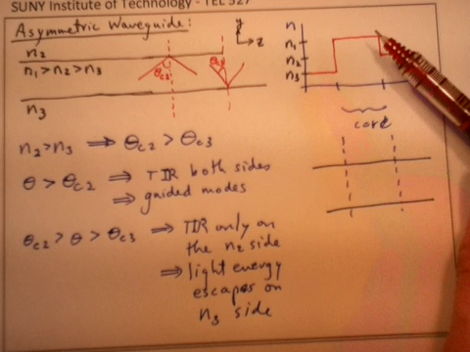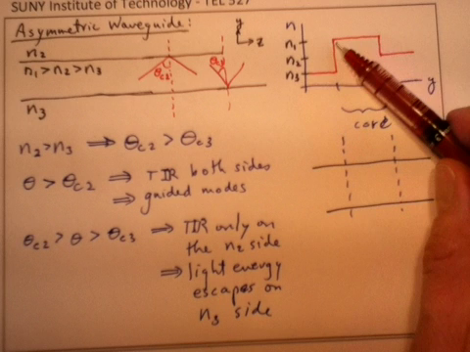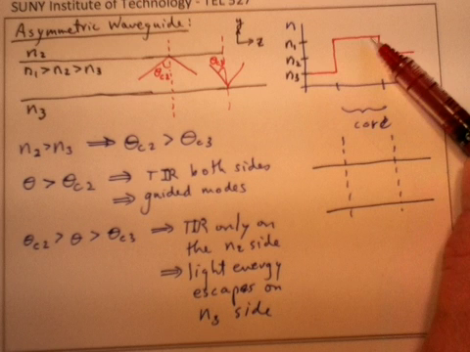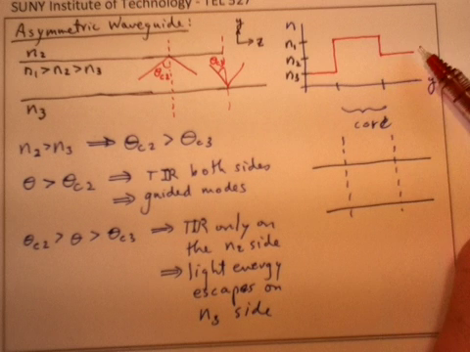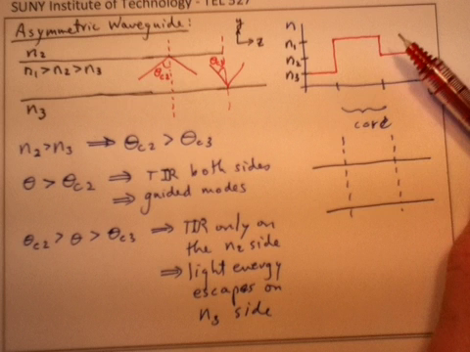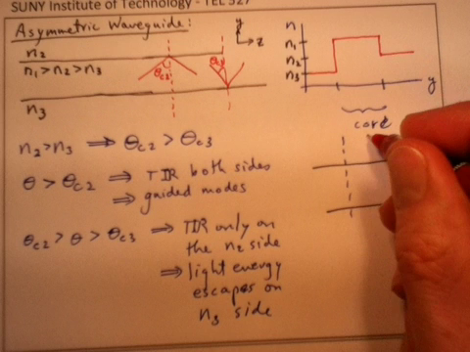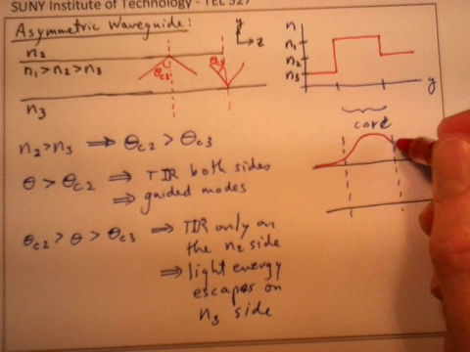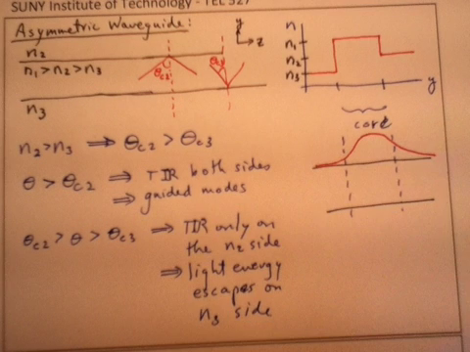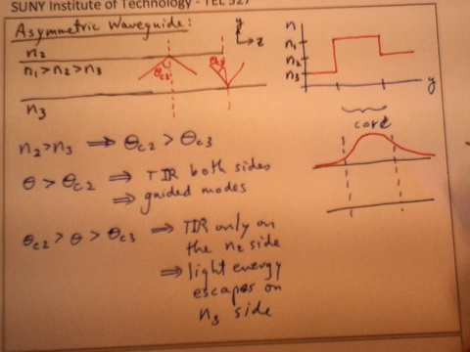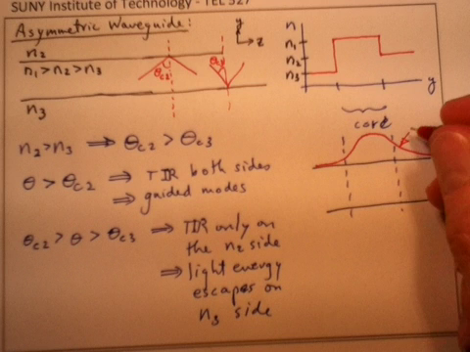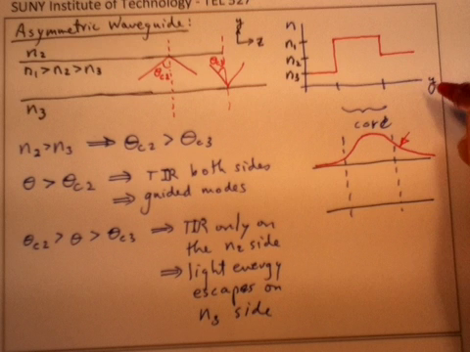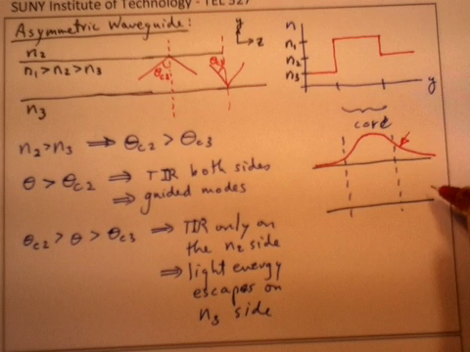And so there's more of a barrier to having the electric field penetrating on the n3 side and less of a barrier for it to penetrate on the n2 side, because n2 is closer to n1. And so we get a mode that looks at least schematically like this, where we have greater penetration on the n2 side.